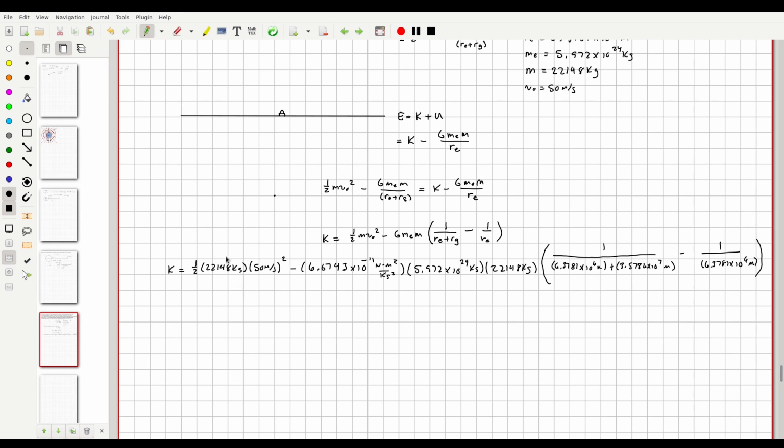So for the first part, if you do this, you get 2.7685 times 10 to the 7th joules. So this is the first part right here. Minus, now let me do the long one right here.